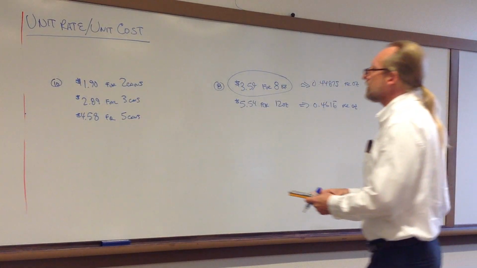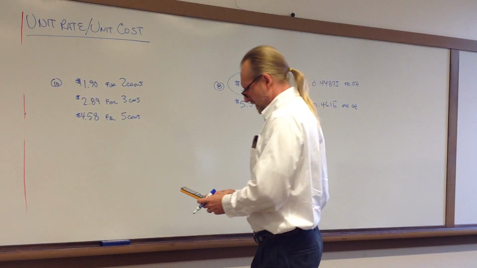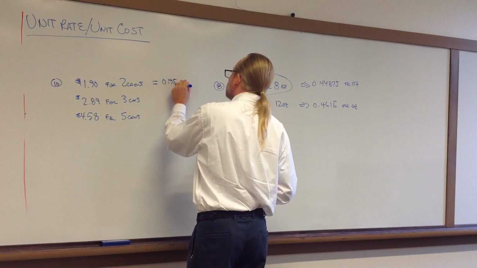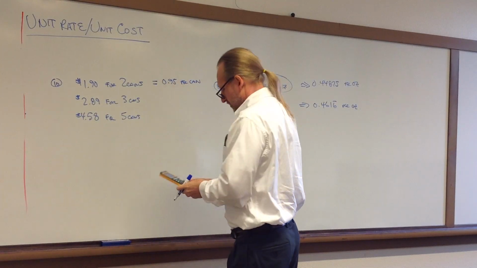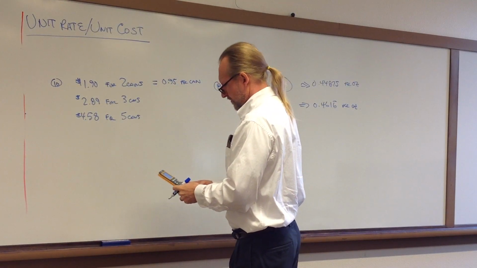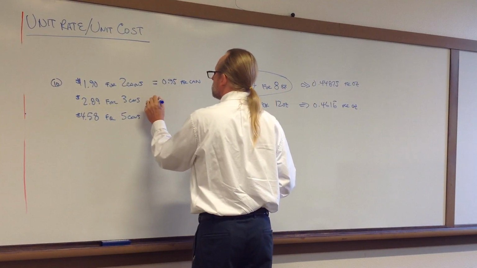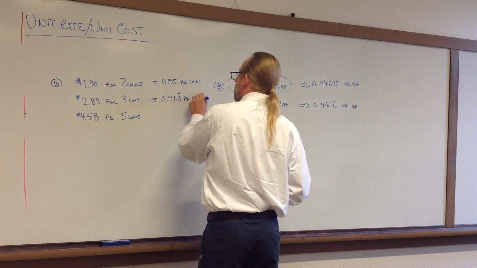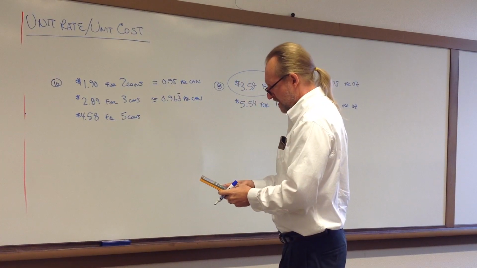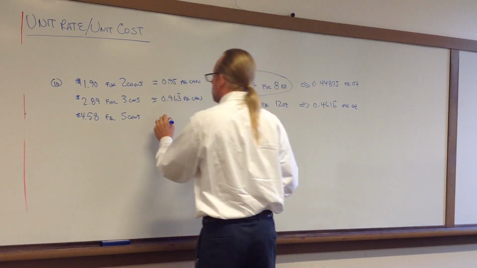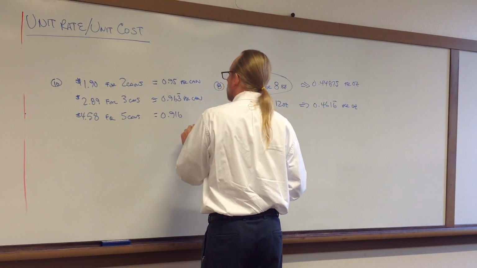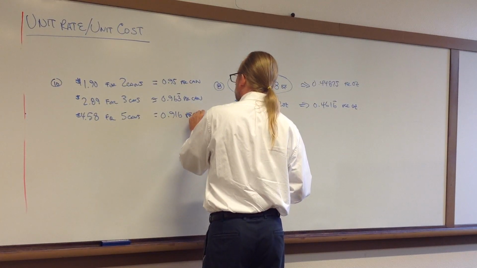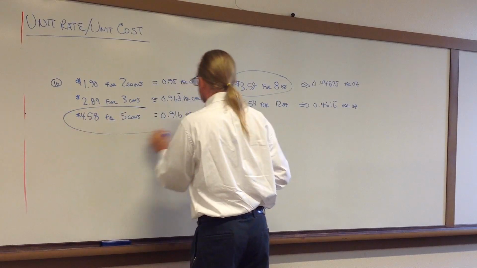Okay, so $1.90 divided by 2 is 95 cents per can. $2.89 divided by 3 is about 96 cents per can. And then $4.58 divided by 5 is about 91.5 cents per can, approximately. So this is the cheapest one right here.